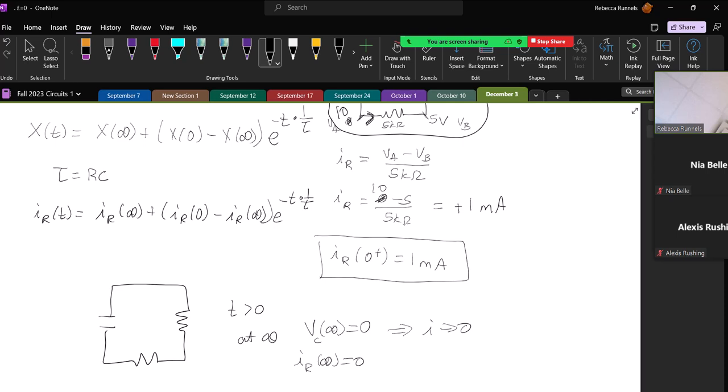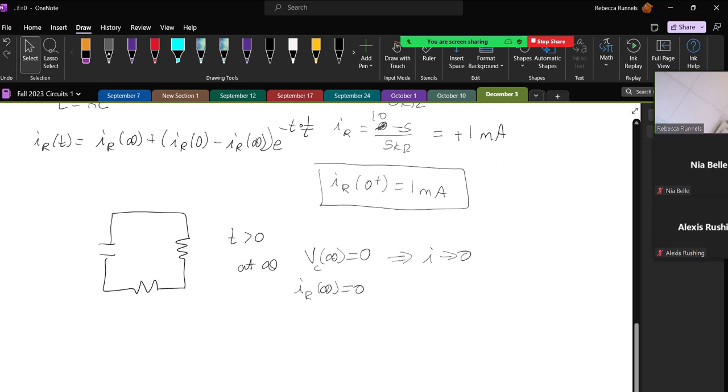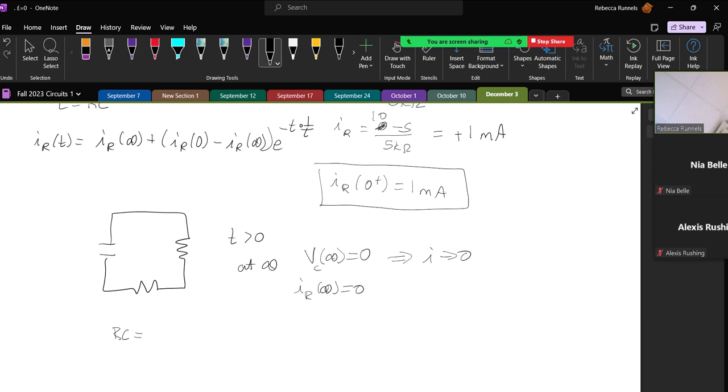Now we need to get RC. So R is the resistance, the Thevenin resistance from the point of view of the capacitor. And from the point of view of the capacitor, we've already done a lot of work on these resistors, but we can see that we have two 5 kilo ohm resistors in series.